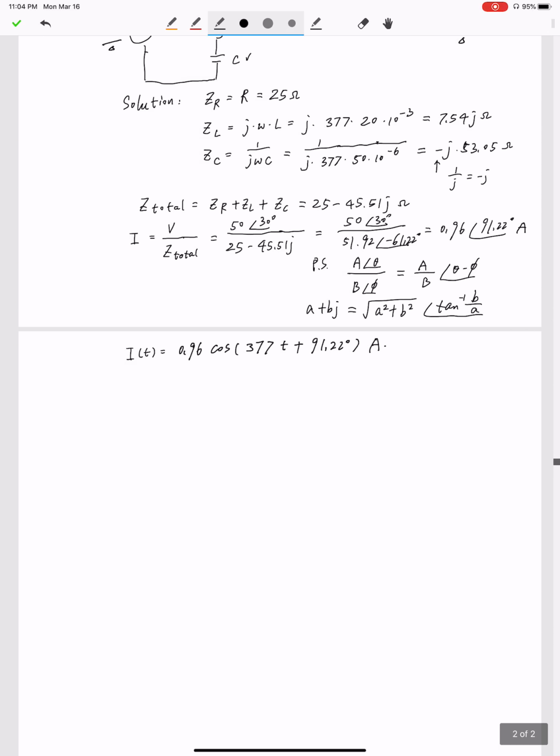So that's the recap of what we learned in the previous class. And in today's class, we're going to continue on this chapter and give you more examples of using impedance and phasors to solve AC circuits.